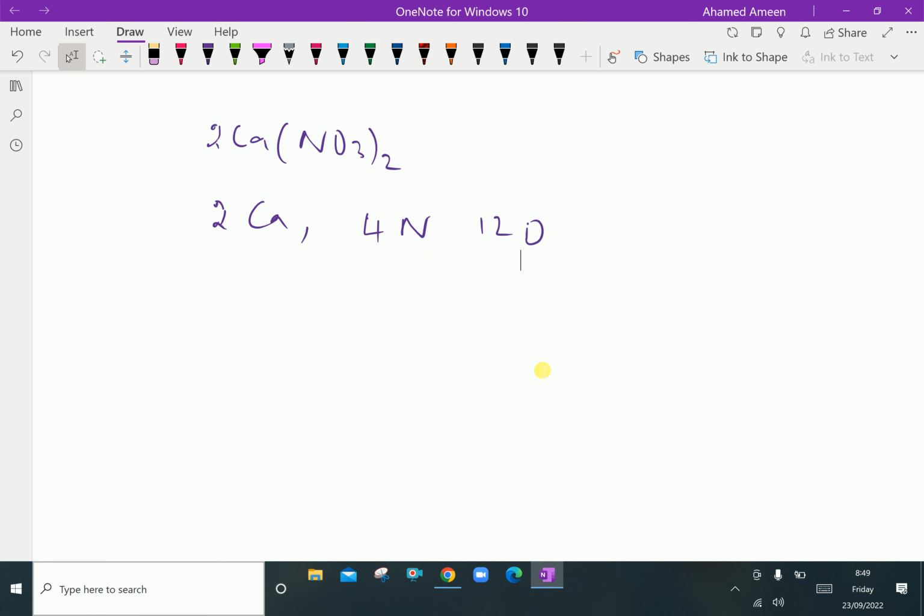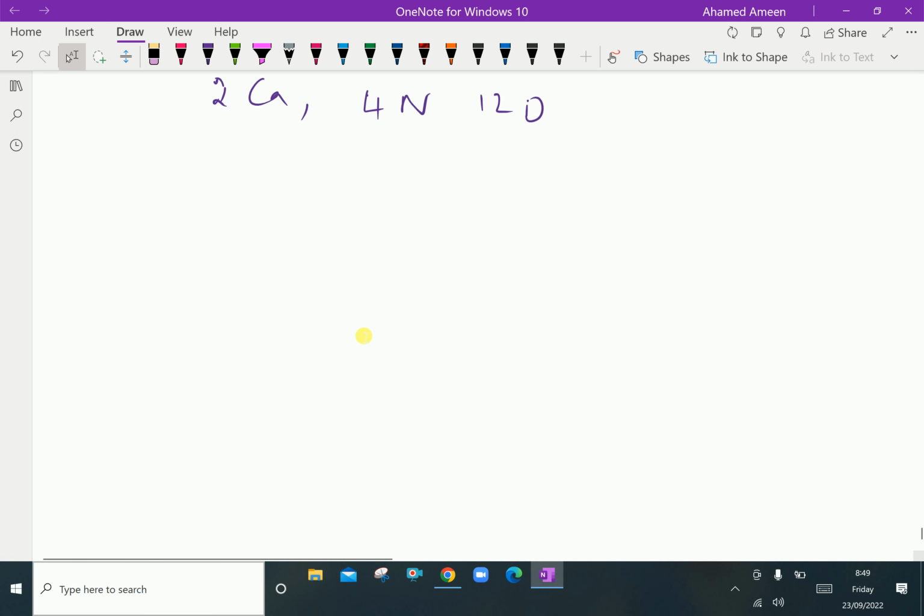Let us do some solving of basic equations. That means balancing some equations. A very simple equation first: H2 plus O2 gives H2O. Here H is 2 on both sides, left and right, but O is 2 here and 1 here.